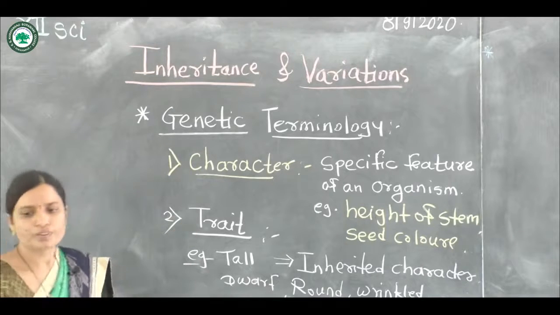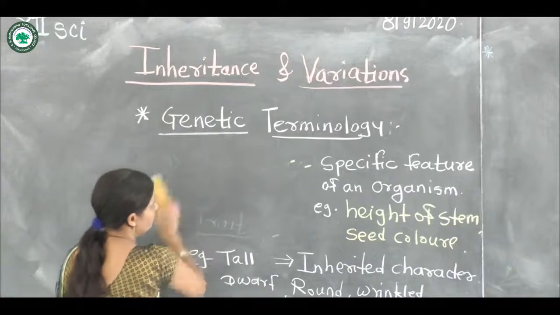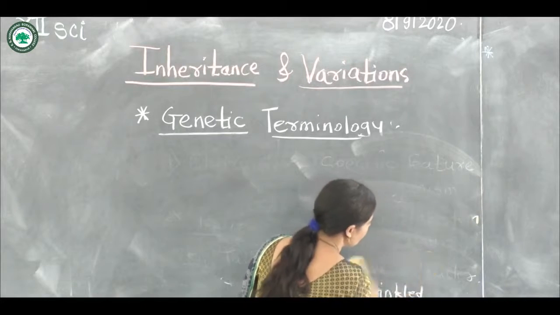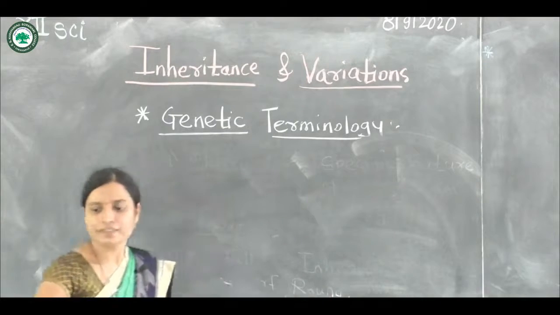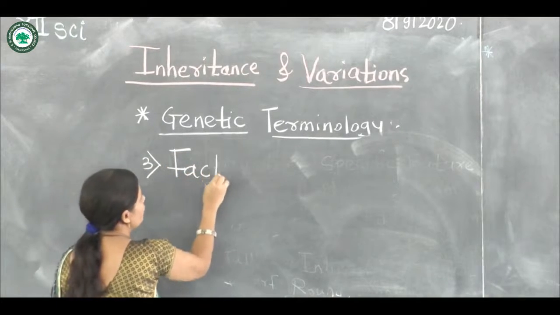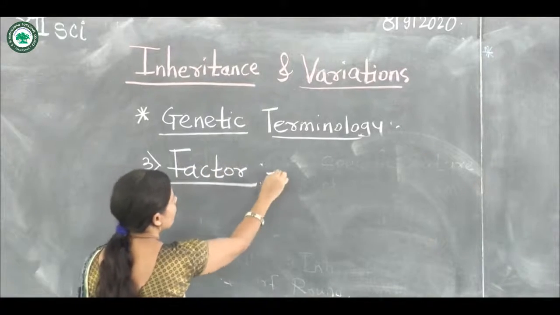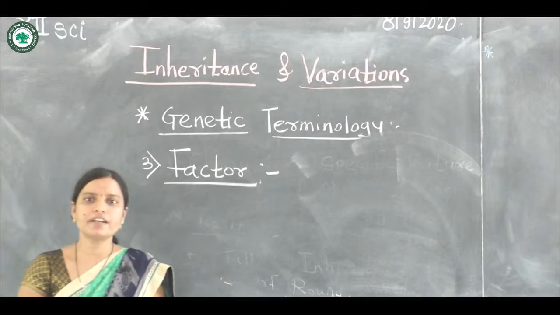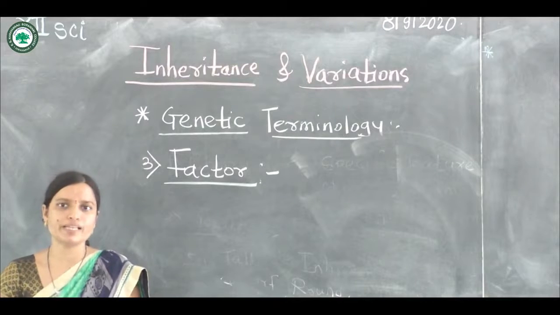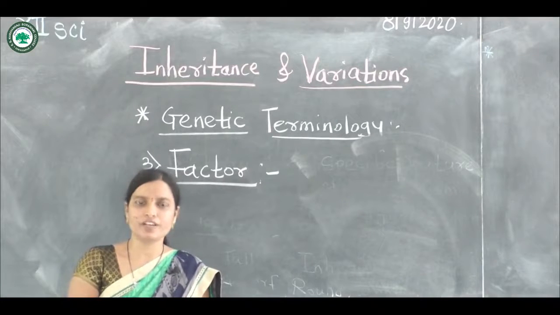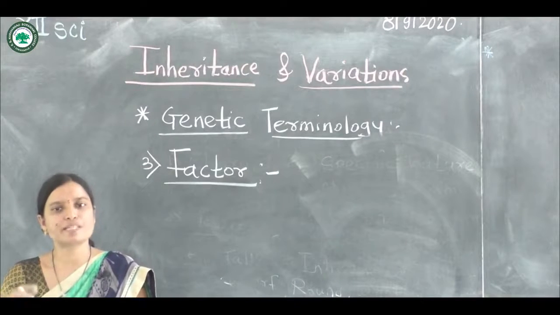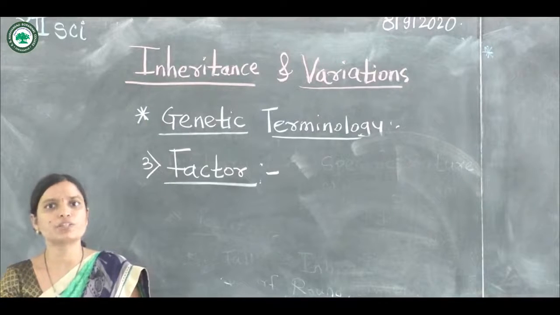The next term, the third genetic terminology, is factor. What is a factor? A factor is a unit of heredity, a particle present in the organism which is responsible for the inheritance or expression of a character from one generation to another generation.